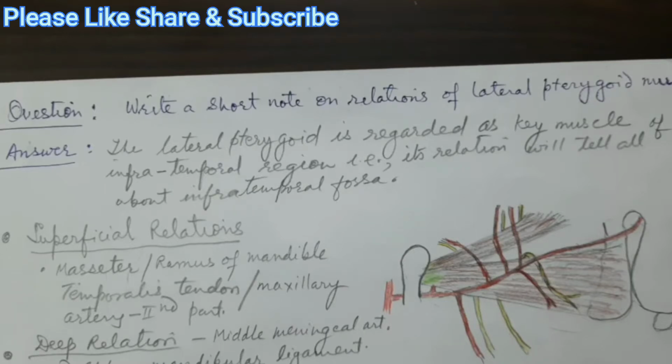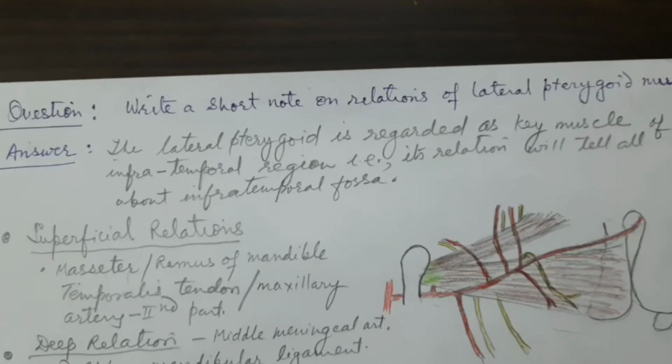The main reason is that if you understand this muscle and its relations, then you will understand the complete infratemporal region, because it has relations superficial and deep, above and below, and that tells a lot about the infratemporal region. So this is important and usually asked as a short note.